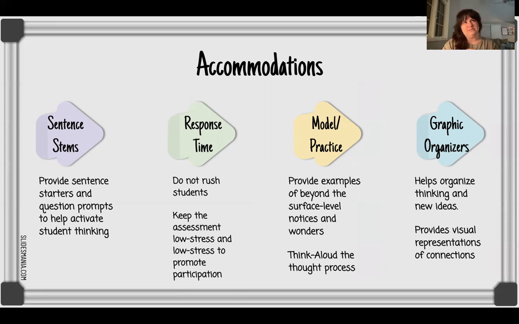So instead of just I notice, I wonder, give them those leading questions or start them off with what do you notice? If there's two things you could say, what do you notice about image A that is similar to image B, or is image B connected to, however you want to word it, or whatever the content that you're presenting.